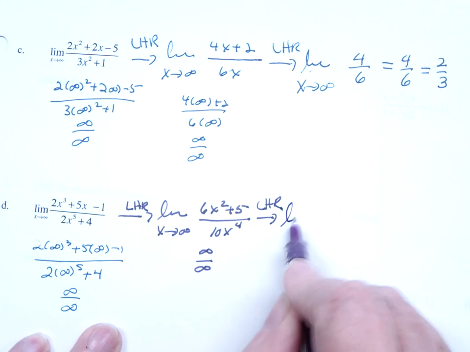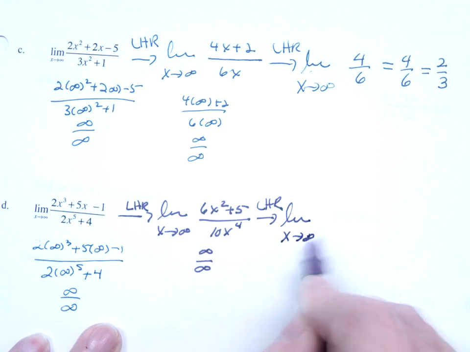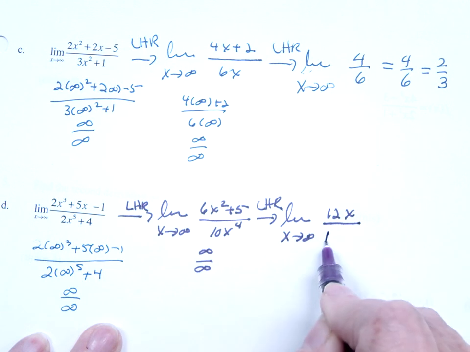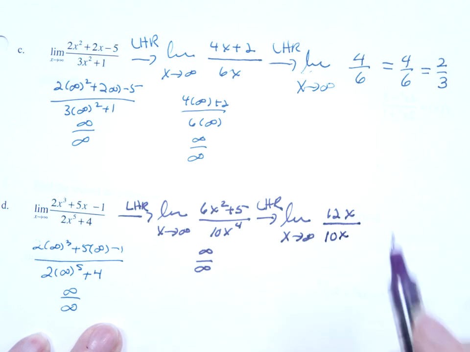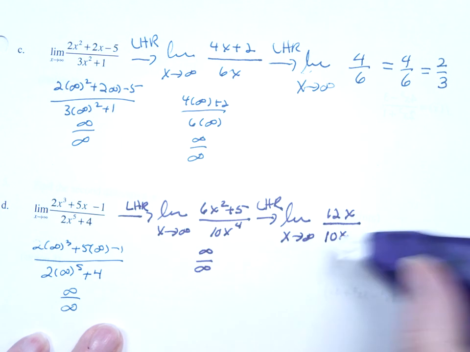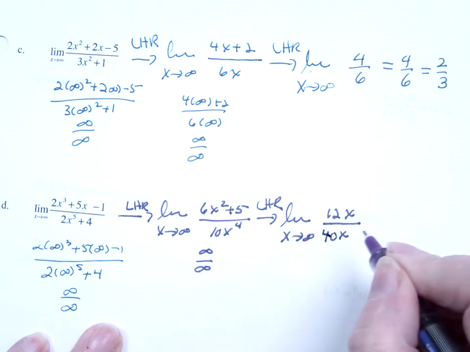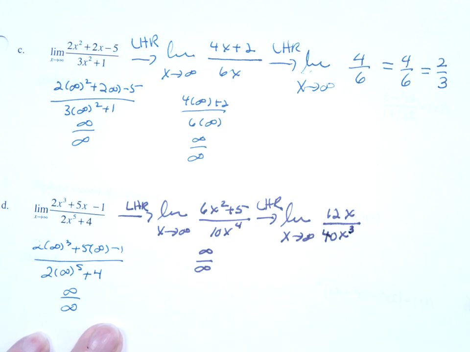So this becomes the limit as x goes to infinity of 12x divided by 40x cubed, which is the limit as x goes to infinity of, reduce it down.